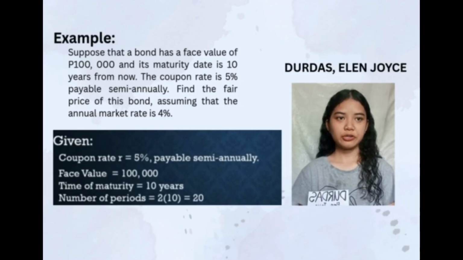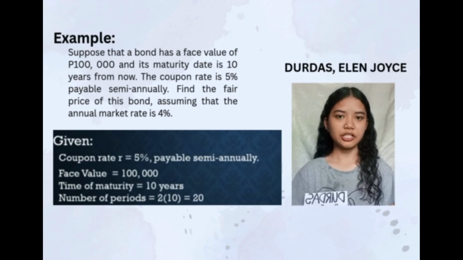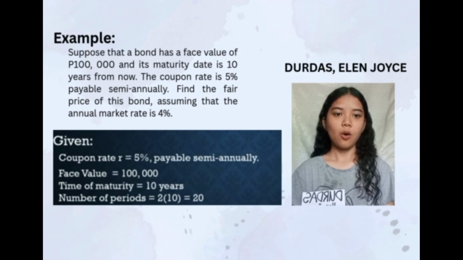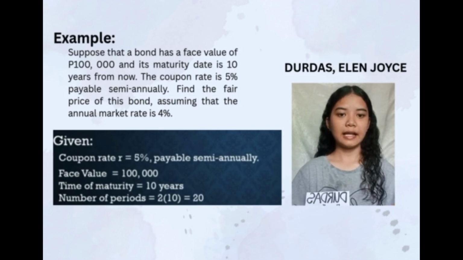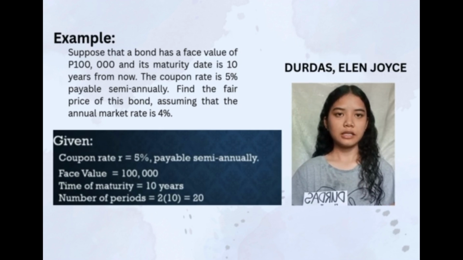Given: the coupon rate is 5%, which is payable semi-annually, and the face value is 100,000 pesos. The time of maturity is 10 years. The number of periods is 20. Why? Since it is payable semi-annually for 10 years, so 2 times 10, that is 20 periods.